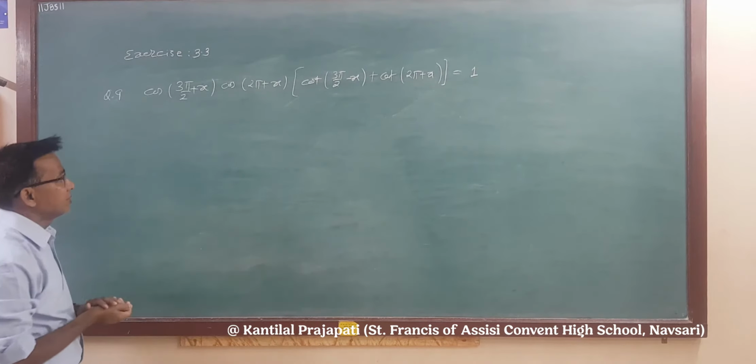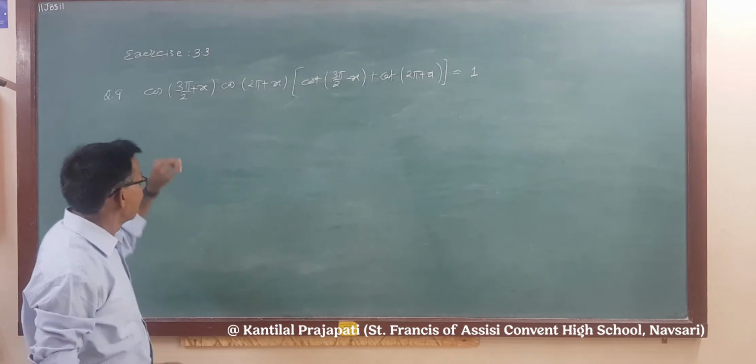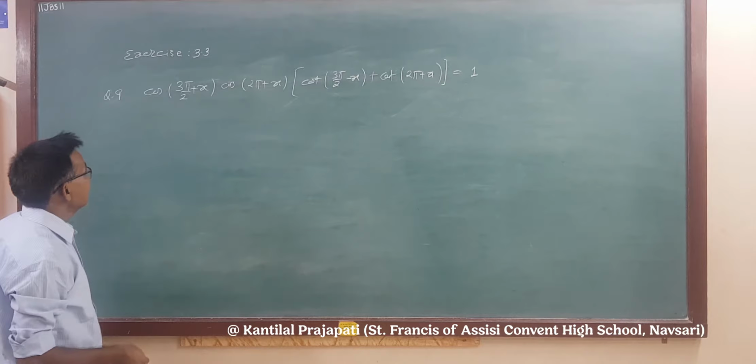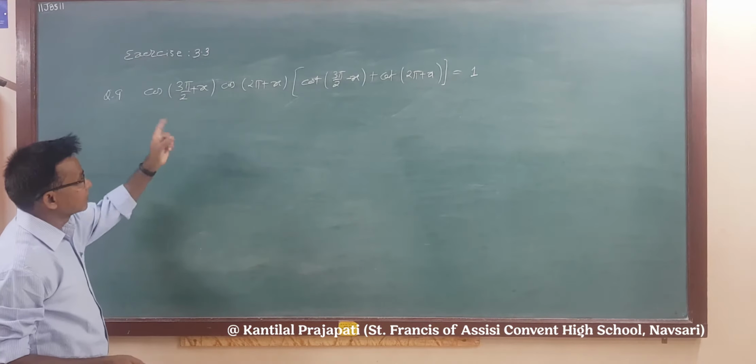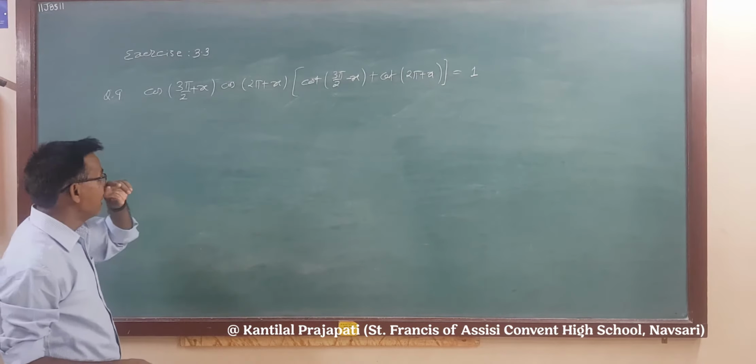Right, we have to prove this result. So we have to apply here the allied angle formula, that is, we have to check the quadrant of each angle, and then we have to put the sign. Remember, at pi by 2 the function will be changed, at pi the function will remain the same.